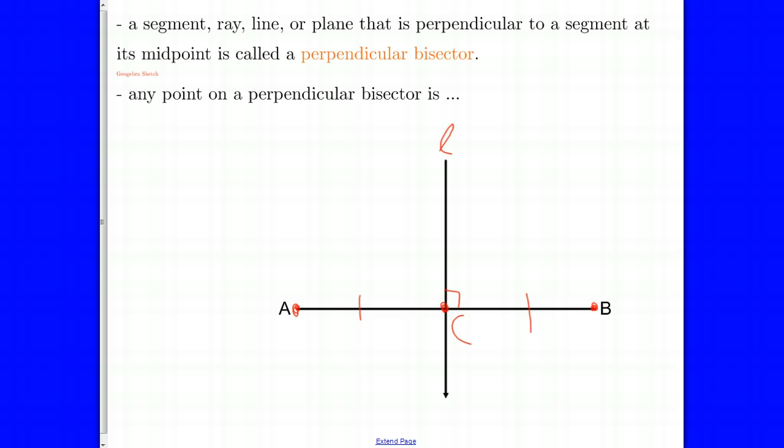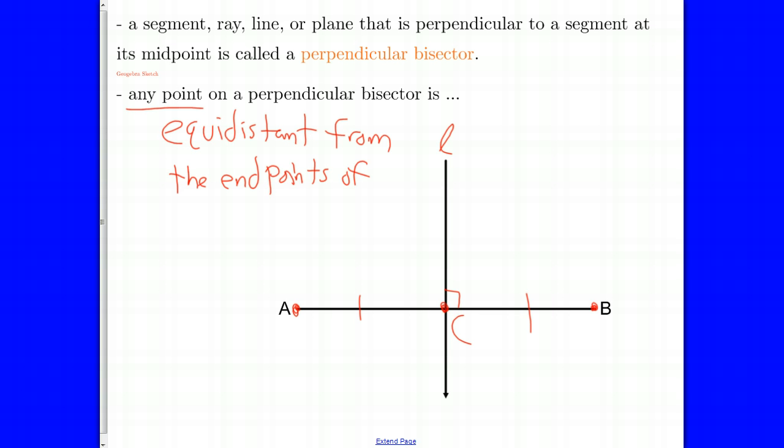It says any point on a perpendicular bisector is equidistant, meaning the same distance, from the endpoints of the segment.